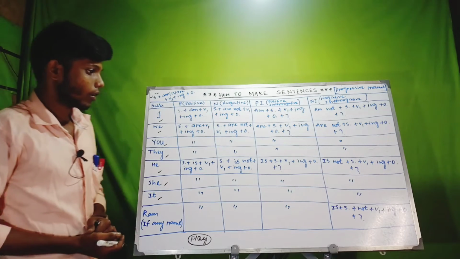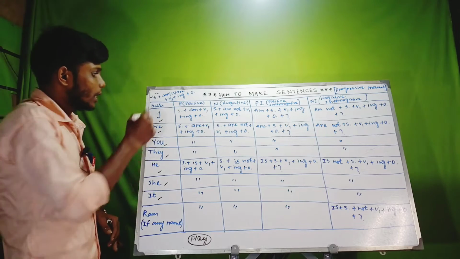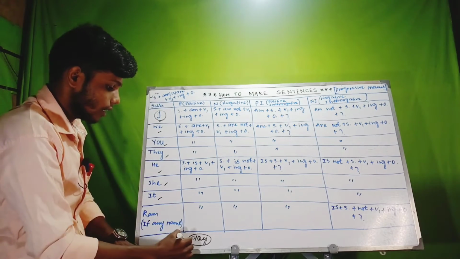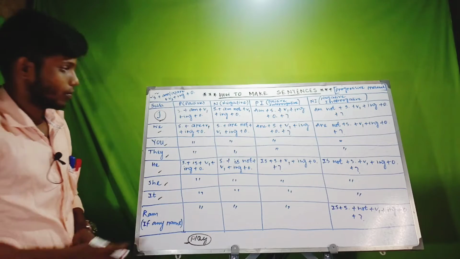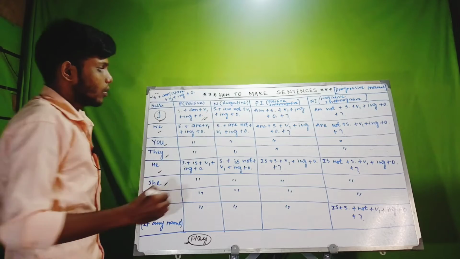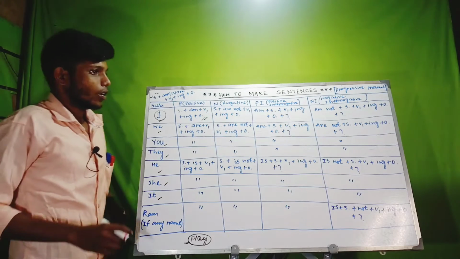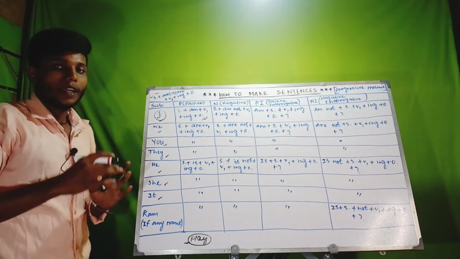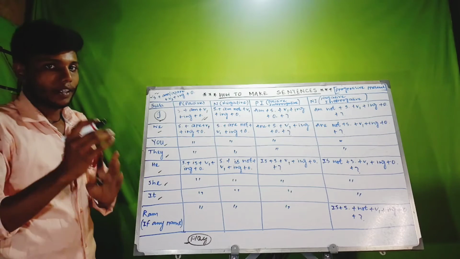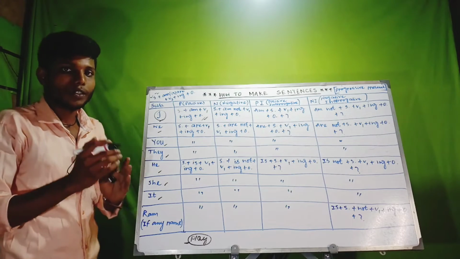Let's see, using I, suppose I take the verb play and put it in the structure. Positive means affirmative. I play football. It's present indefinite.